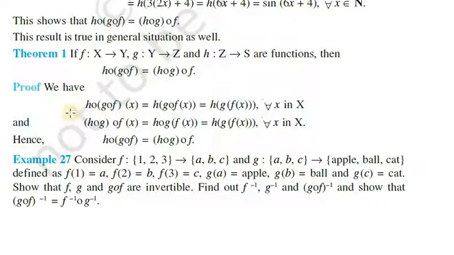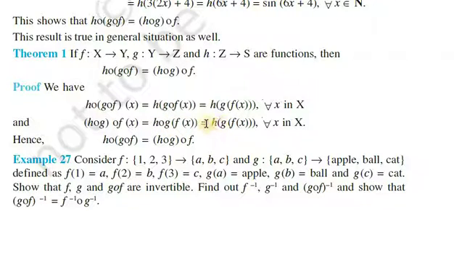Okay, so here you see (h o g) o f. You first operate this o, so this will be h of g, composed with f. Now this will be (h o g) of f(x) for all values of x. So this will be the value. Now again this one, first you operate this one, so this will be h of g of f(x).